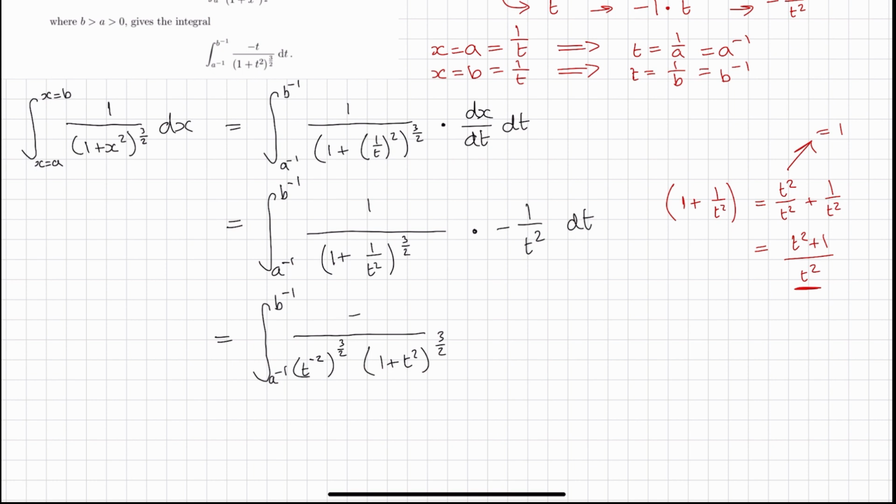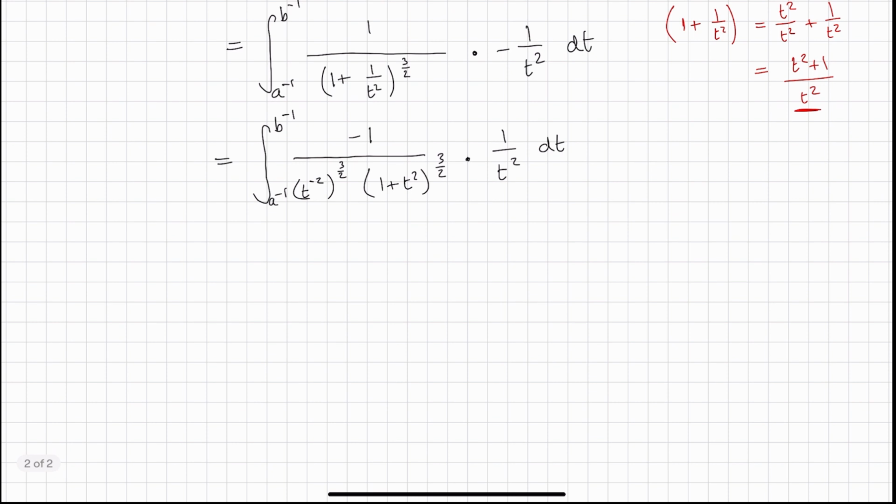Almost. So we've got the negative from the dx by dt multiplied by 1 over t squared dt. And then the final step, we bring it all together. We've got our limits. And then multiplying these powers together here, that gives us t to the negative 3. So, put that into the numerator.